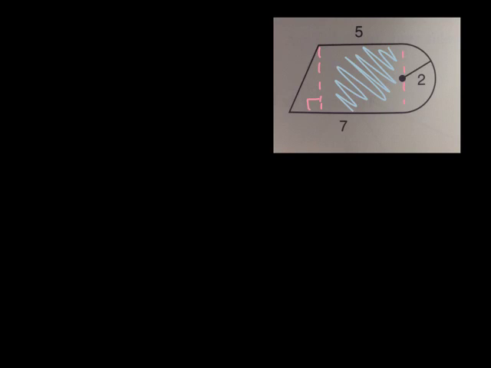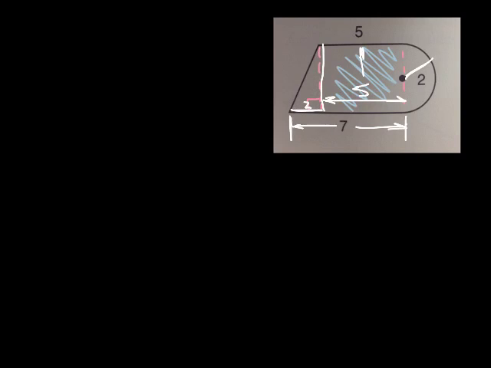Not too much of it. Okay, so let's find the area of the triangle. Well, I know it's 7 from here to here. So that means this is 5 from that. So that means this is 2. So my length of my base is 2. And how high is it?